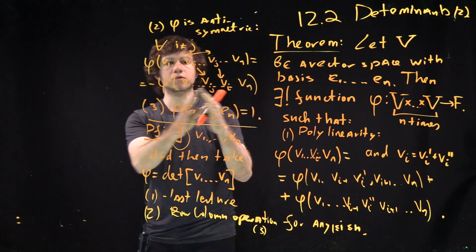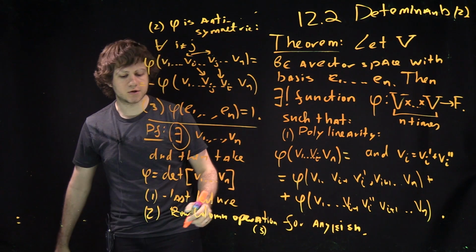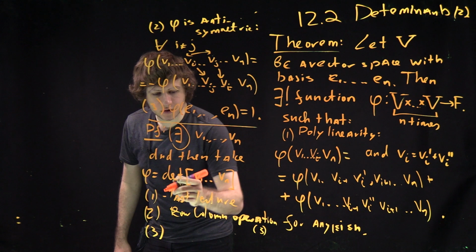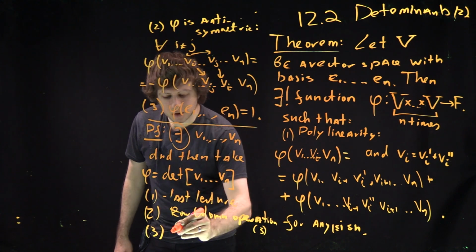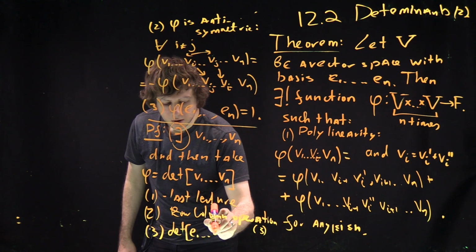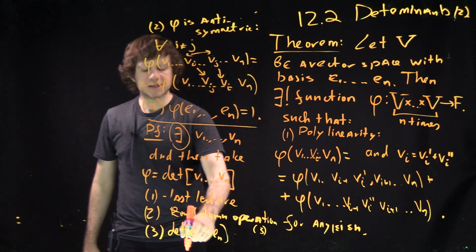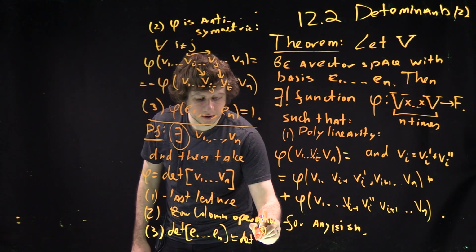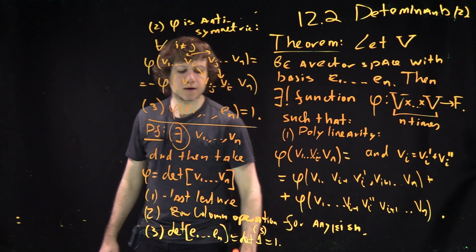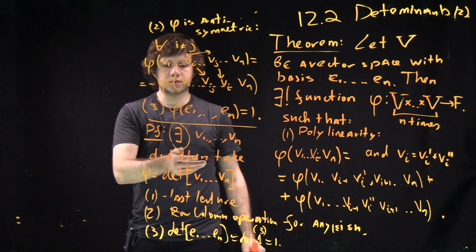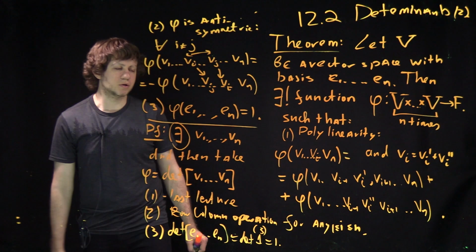Just exchanging 2 columns flips the sign of the determinant. And finally 3 is just because if you take this determinant of a collection of vectors e1 up to en, of course by that I mean I just need to write down these vectors in this basis, and this will be just the determinant of the identity matrix. And this is 1, as we discussed again in the previous lecture. So that's why existence is proven, and this function is the determinant function.